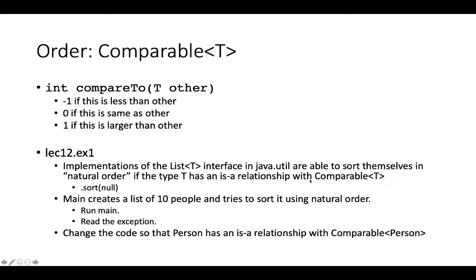It is one of the simplest interfaces there is. Basically, you can claim to be comparable in some type T if you can implement this particular method, compareTo. You give me something that is type T, and I'm going to come back with one of three values: -1 if this is less than whatever you gave me, other, 0 if we're the same, and 1 if we're larger.